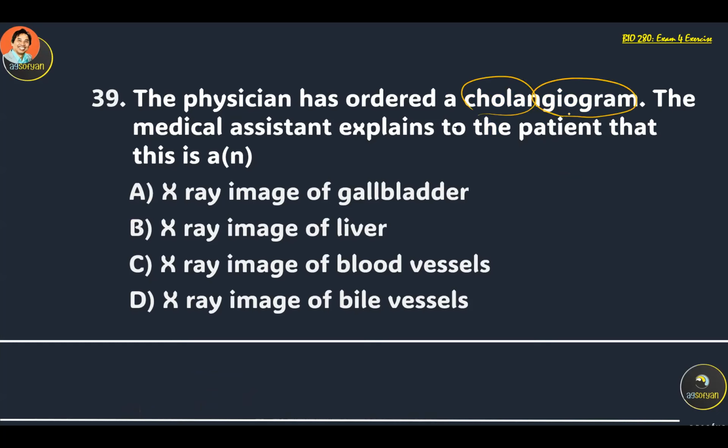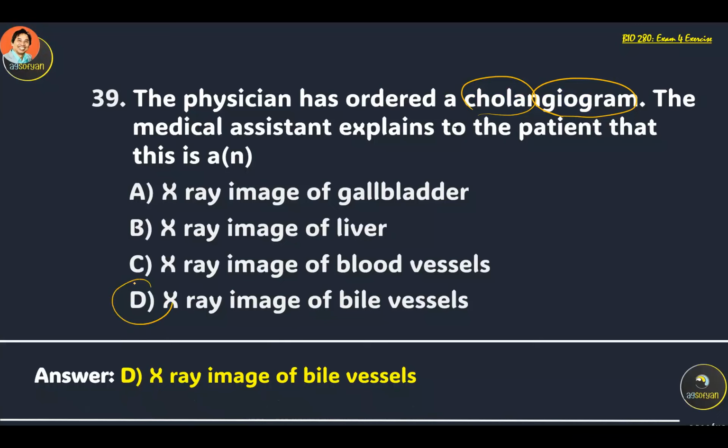The medical assistant explained to the patient that this is an A, B, C, or D angiogram. So this is related to the bile. It's going to be the X-ray of the bile vessel.